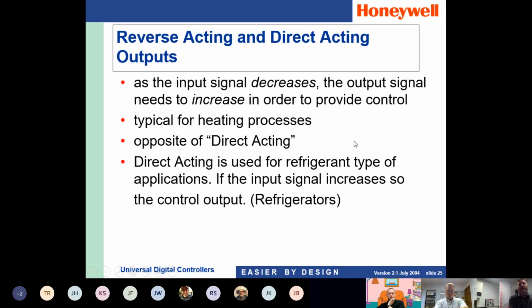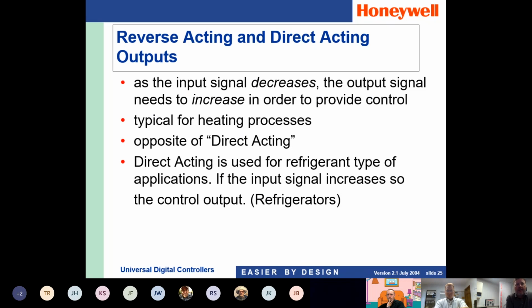So let's talk a little bit about heating and cooling systems. In the PID world, there are two types of outputs: reverse acting and direct acting. In reverse acting, as the input signal decreases, the output signal increases.